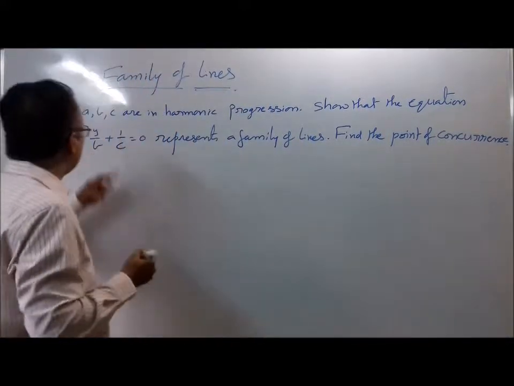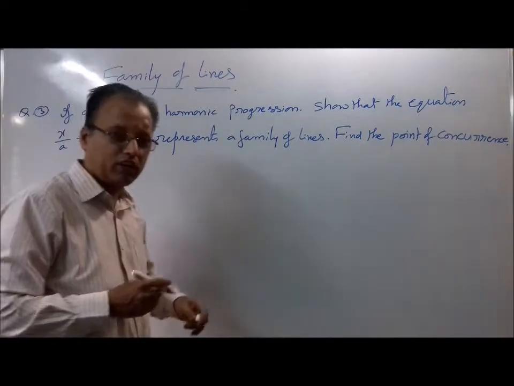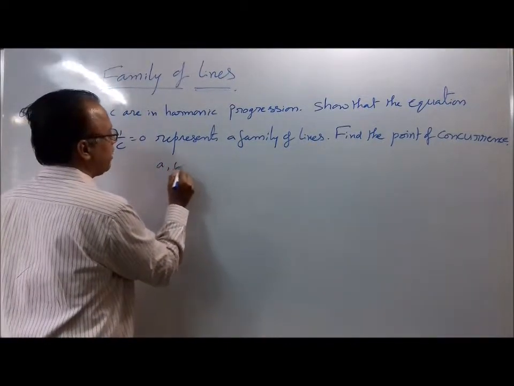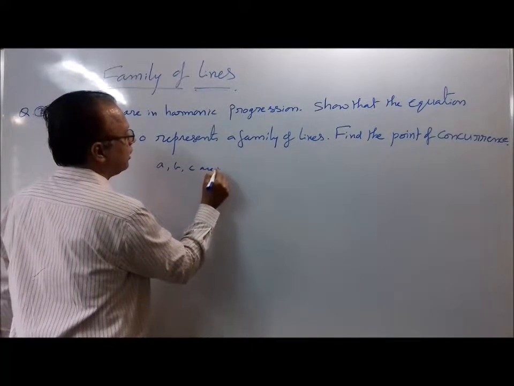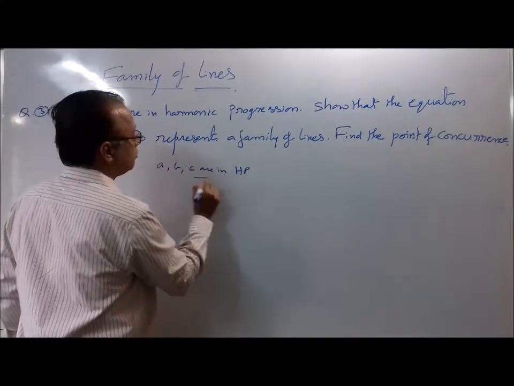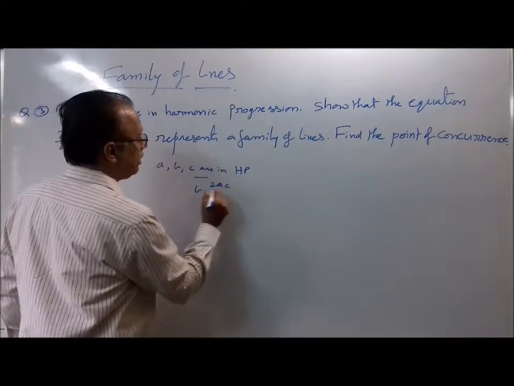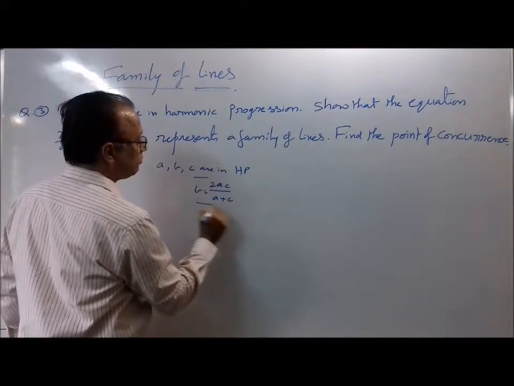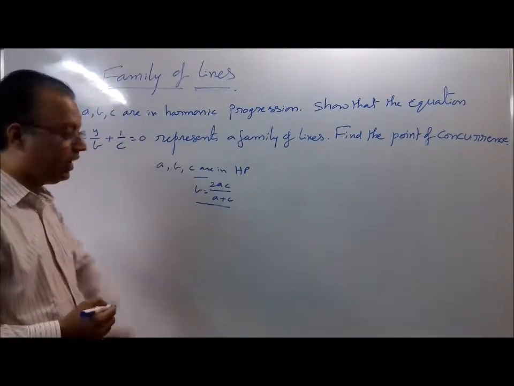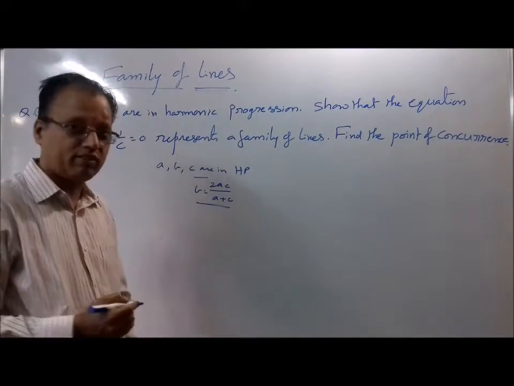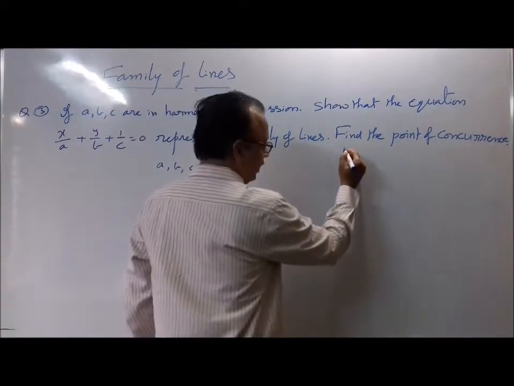Let us see. So A, B, C are in harmonic progression. That is, B will be 2AC by A plus C, the harmonic mean. Roughly I will explain how this happens, though this is not needed actually.